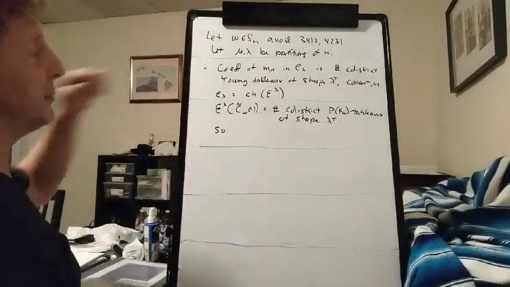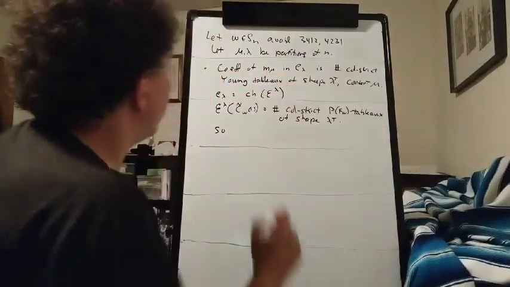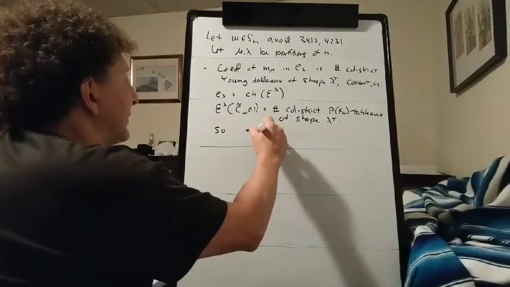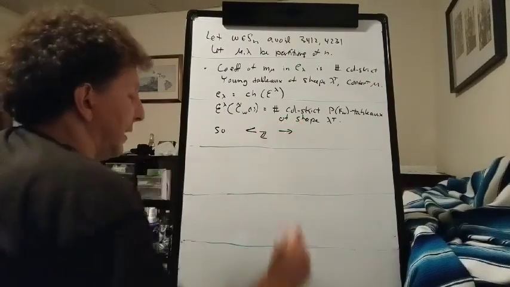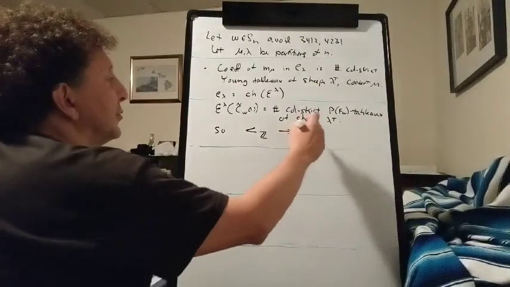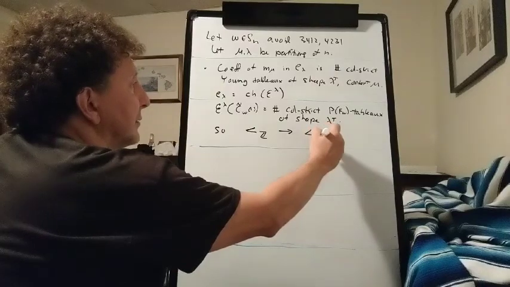So it's almost the same. Column strict here meant less than in the integers, and that turned into less than in a poset.